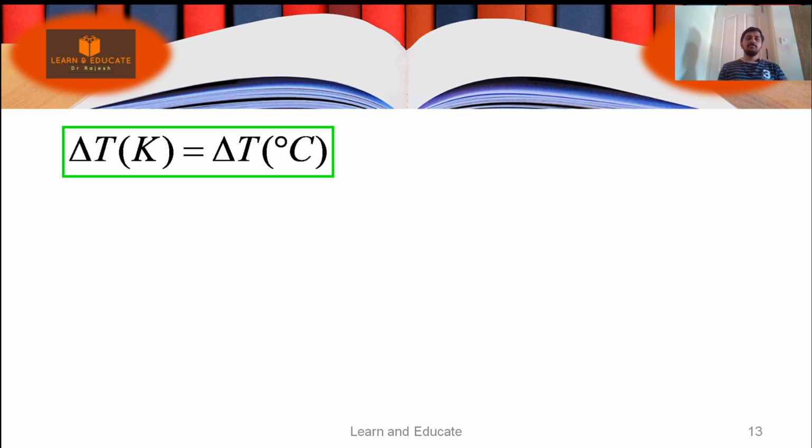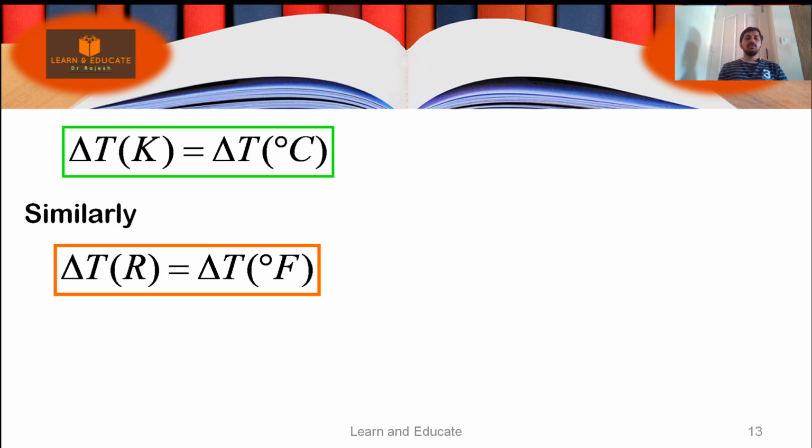In SI system, relative scale and absolute scale, the relation for temperature difference is the same. Delta T in Kelvin is equal to delta T in degrees Celsius. Similarly, in English system, absolute scale Rankine and relative scale Fahrenheit, the delta T will remain the same.